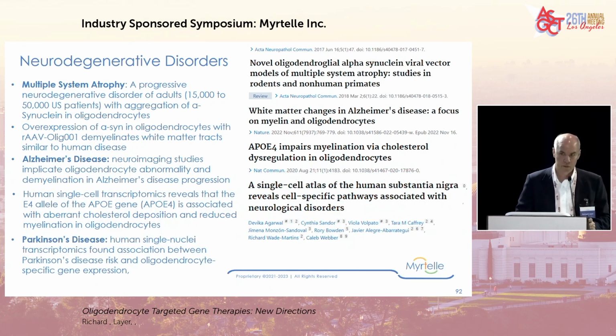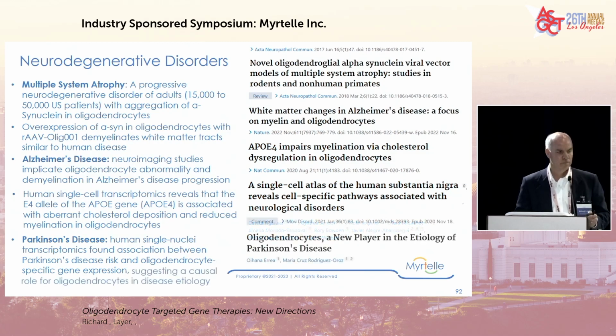Agarwal and colleagues used single nuclei transcriptomics and found an association between Parkinson's disease risk and oligodendrocyte-specific gene expression, suggesting a causal role for oligodendrocytes in disease etiology.